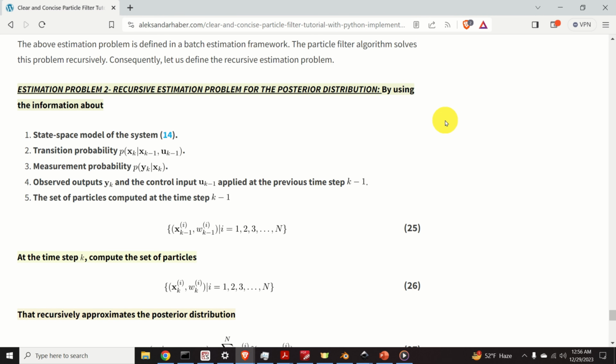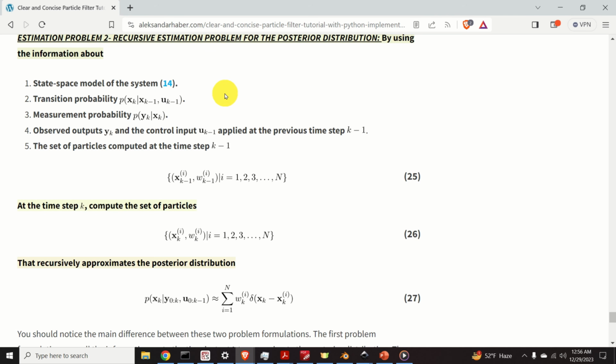Consequently, let us define the recursive estimation problem. This is the estimation problem number 2, and this problem formulates the problem of recursively estimating the posterior distribution. Again, by using the state space model of the system, the transition probability, the measurement probability, the observed output yk and the control input uk minus 1 that was applied at the previous step k minus 1, and by using the set of particles computed at the time step k minus 1, here's the set, and notice the index k minus 1 over here.